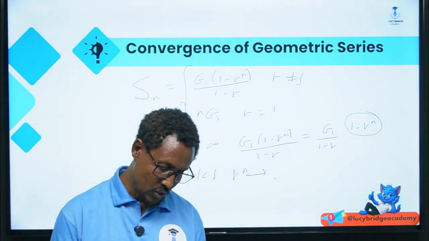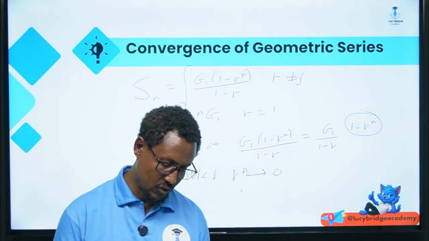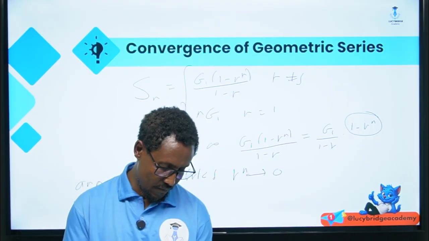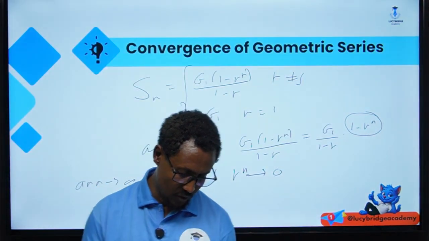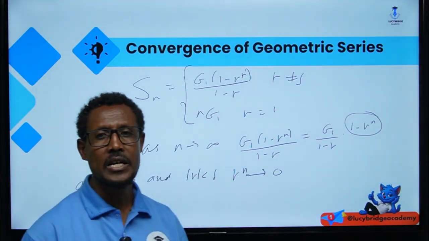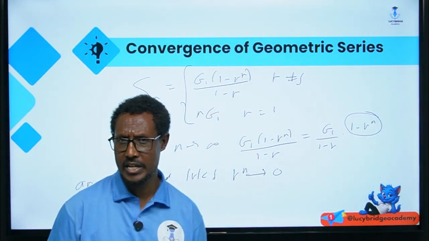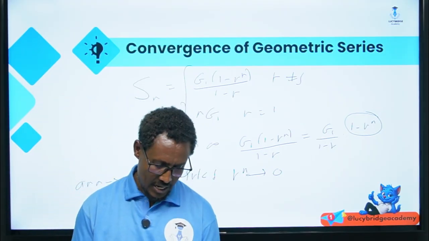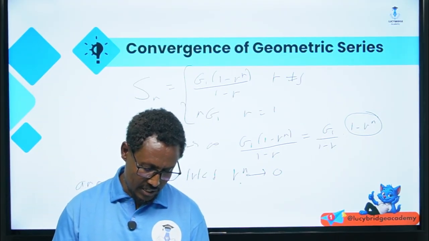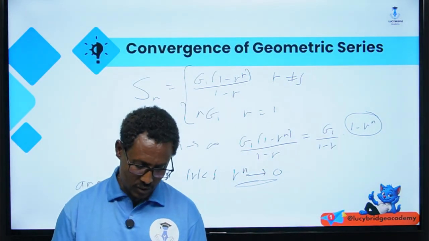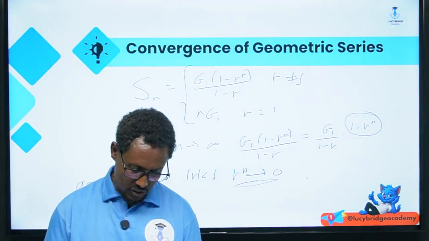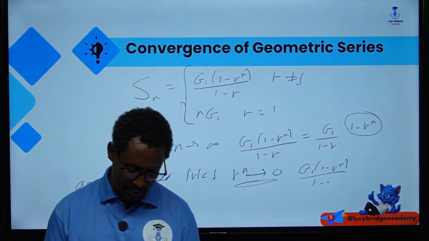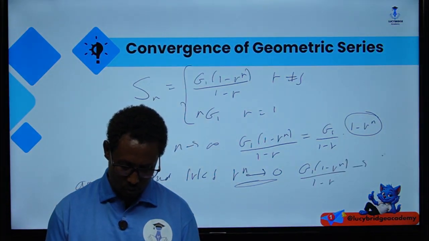It tends to 0. That means g1 times (1 minus r to the power of n) over 1 minus r tends to g1 over 1 minus r.